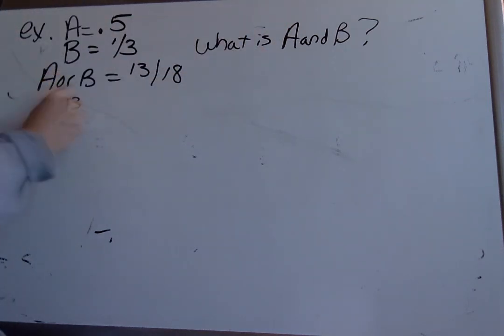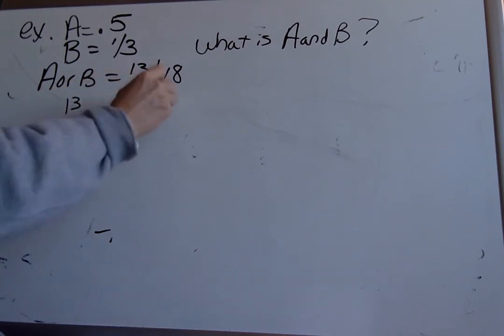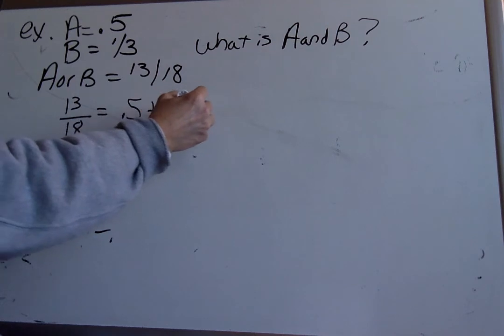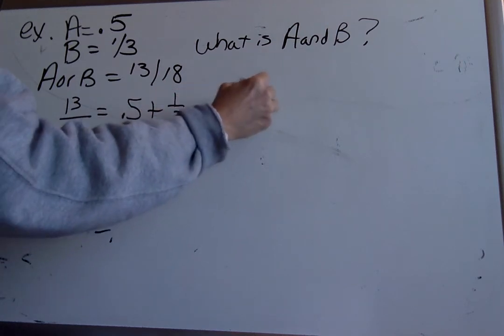So A or B equals A plus B minus A and B.